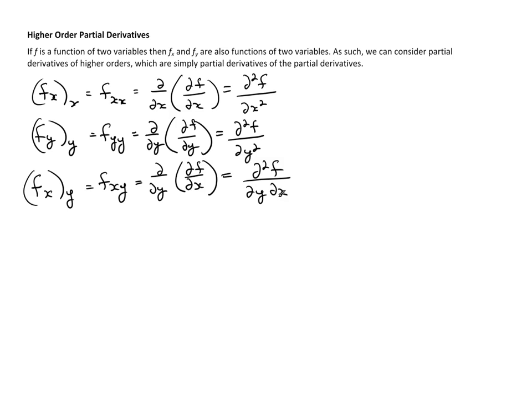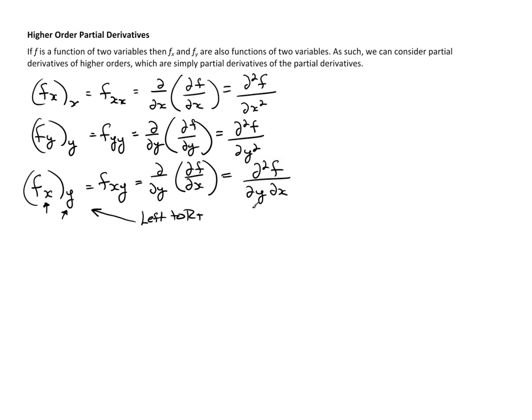Now, reading this, you have to be careful when you read these notations, because this is saying this is the partial of x, and then I'm going to take the partial of y. So this is actually going, in a way, left to right in terms of how I calculate this. I go left to right. So I can find the partial of x first, then take the partial of y of that partial I just found.